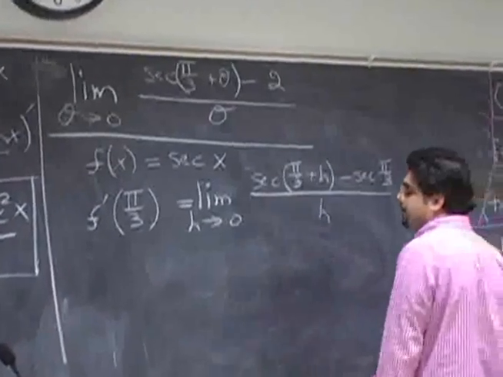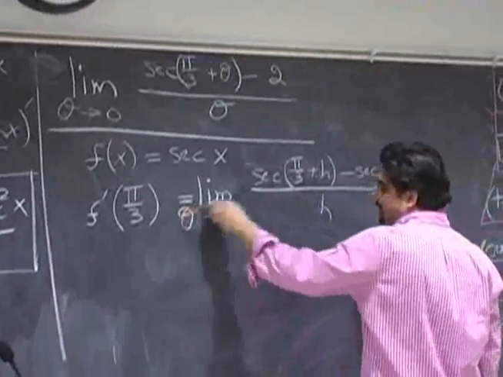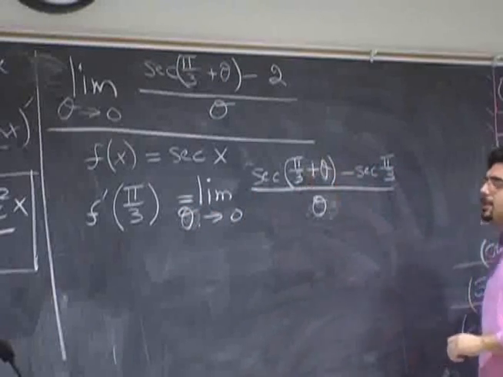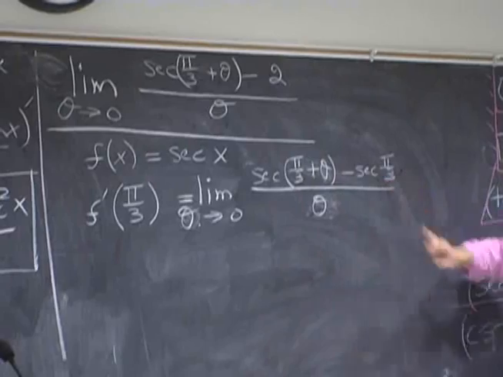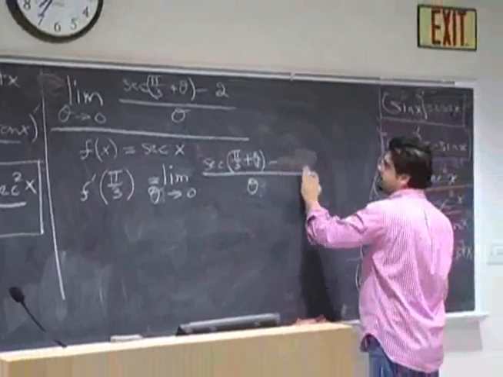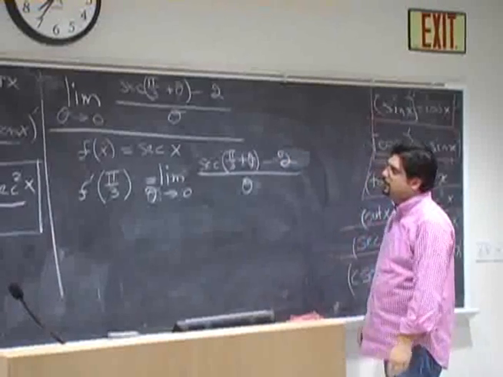And, well, we can make this theta, no? Nothing mystical about h. What's secant pi thirds? 2. So then what is this limit?